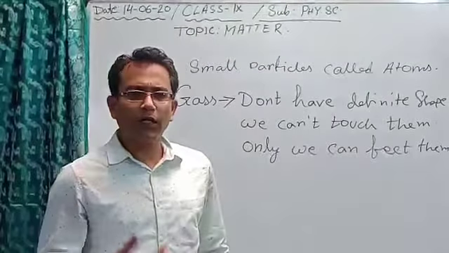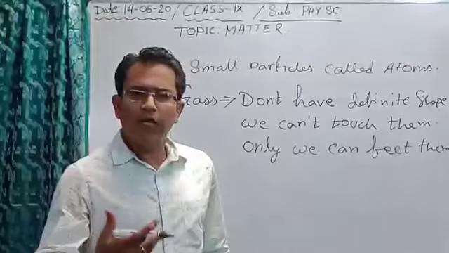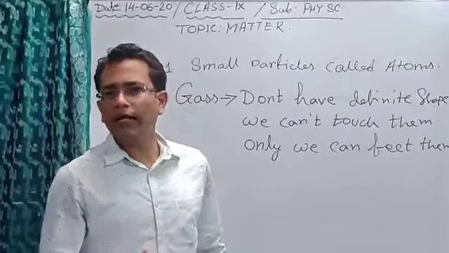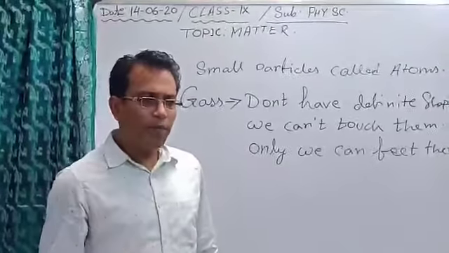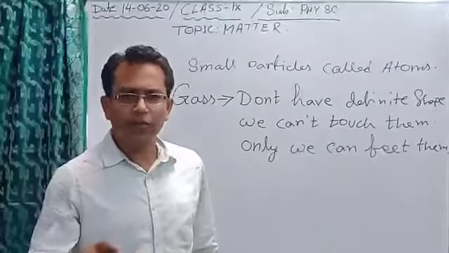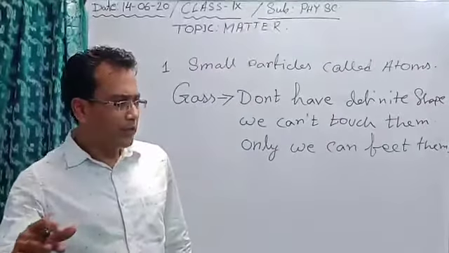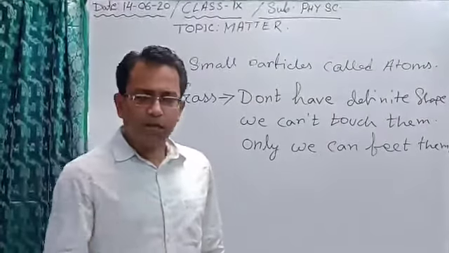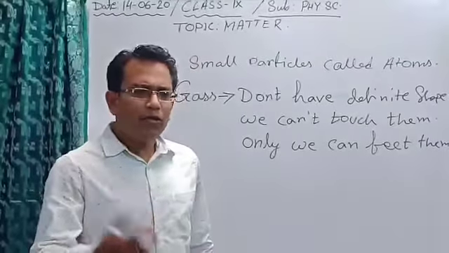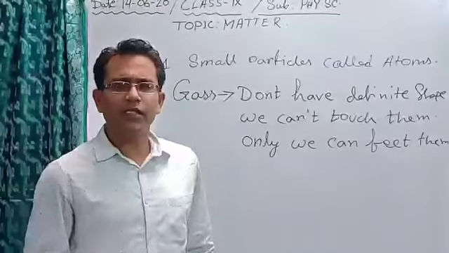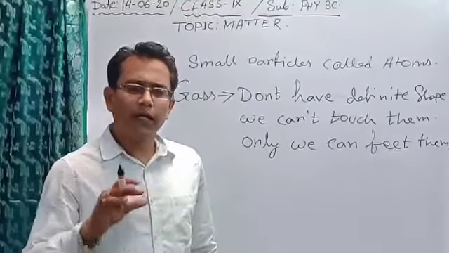99% of our atmospheric air is composed of nitrogen and oxygen, and the other 1% is composed of different types of gases such as carbon dioxide, dust particles, water vapor, helium, and non-reactive gases, all are gases.